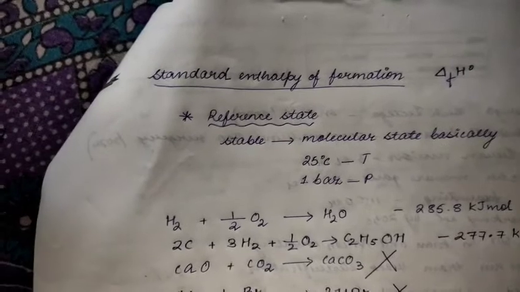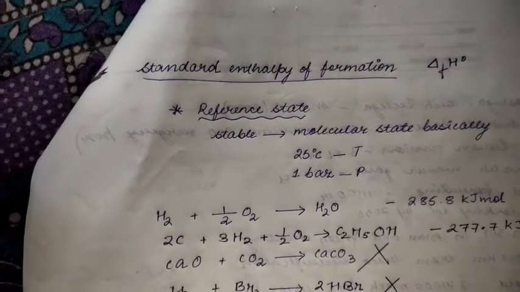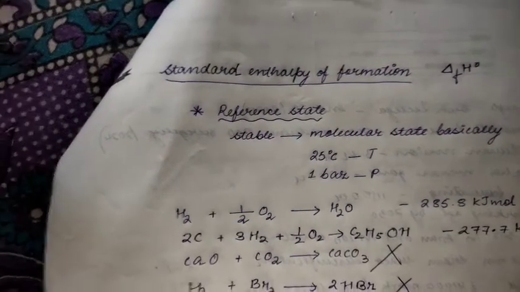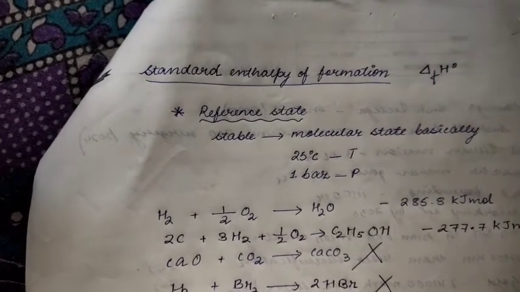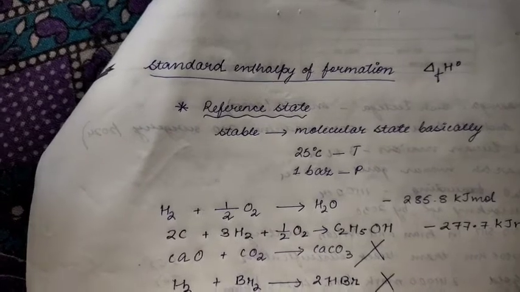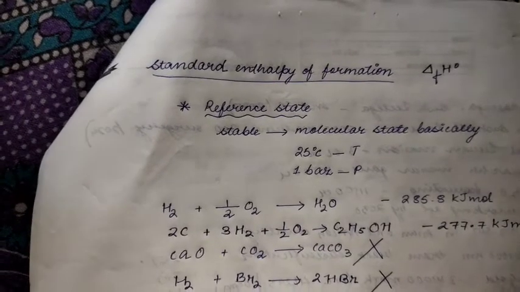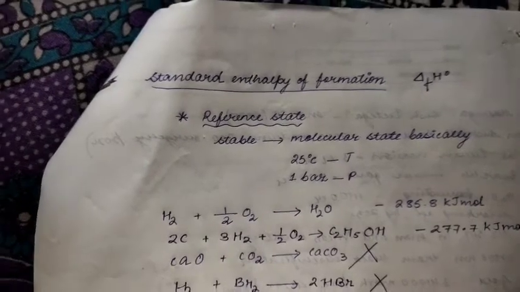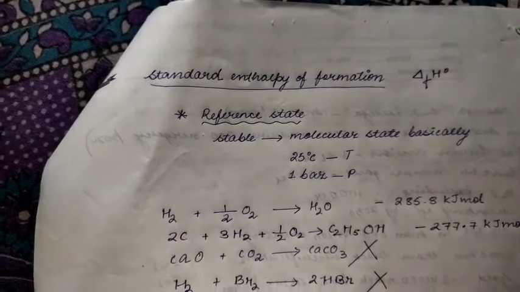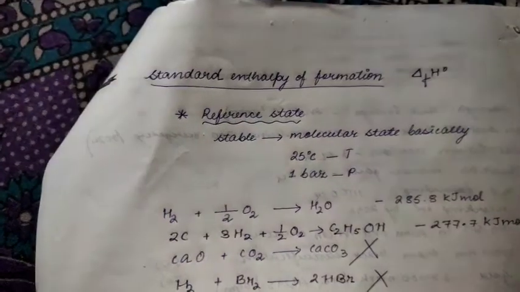The last topic that we are going to discuss is the standard enthalpy of formation. The definition is: the standard enthalpy change for the formation of 1 mole of a compound from its elements in their most stable states of aggregation is called standard molar enthalpy of formation.